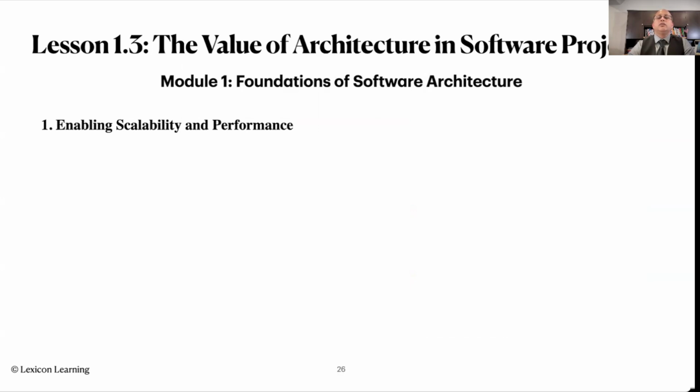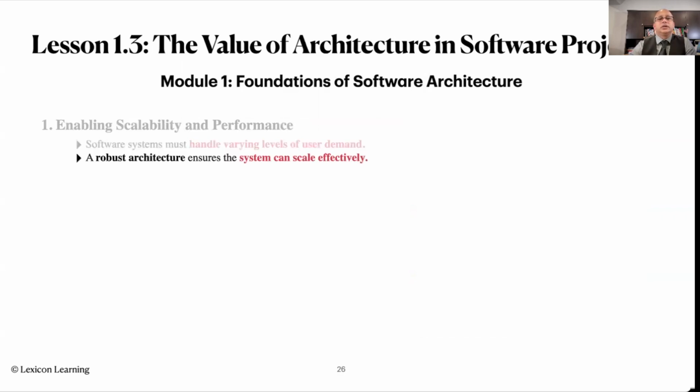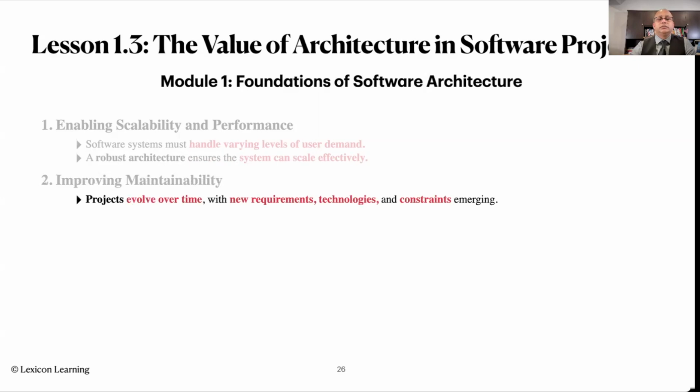Now, let's see what are the values we get from software architecture. Scalability and performance. A system must handle varying user demands, and a robust architecture ensures the system can scale effectively. And it helps improving maintainability of the product.